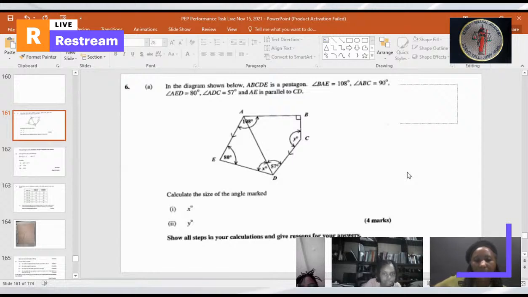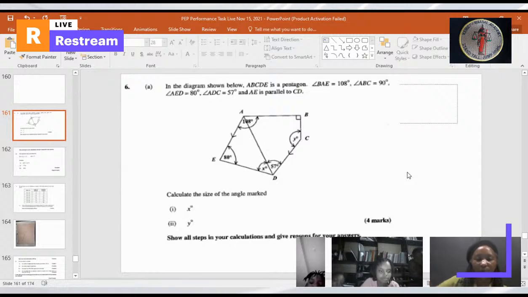Is it not 108 degrees? Why is it 51? Because the 108 is cut into two, and because EAD is 57 degrees, DAB would be the other part. So it's the 108 minus the 57.